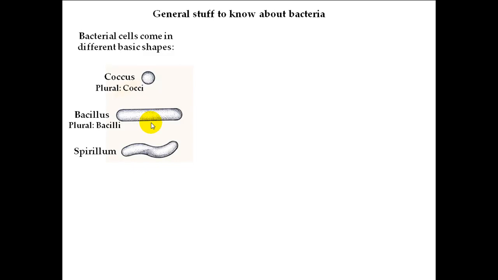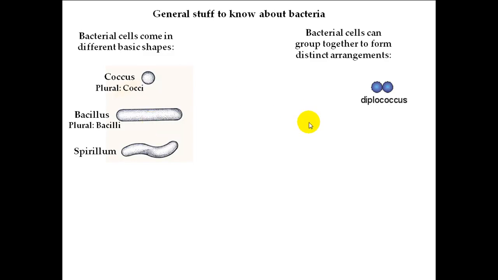If you have bacteria that tend to stay together as a pair, like this, then the technical term for that is diplo. Diplo refers to the arrangement. These two are stuck together as a pair, and coccus refers to the actual shape of each one of the individual cells. So the arrangement is described here as diplo, diplo meaning two.